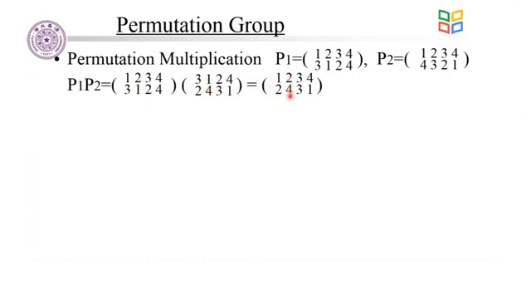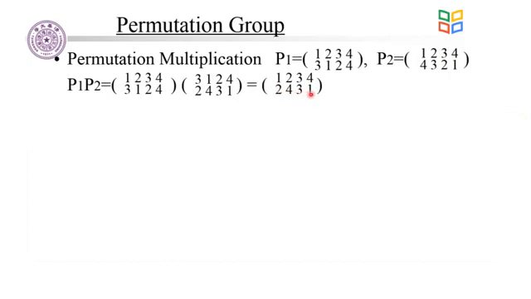Therefore, 2 is transformed into 4. Then 3 transforms into 2, 2 transforms into 3, therefore 3 transforms into 3. 4 transforms into 1, so 4 transforms into 1. The result of P1 multiplied by P2 is that 1, 2, 3, 4 is transformed into 2, 4, 3, 1.